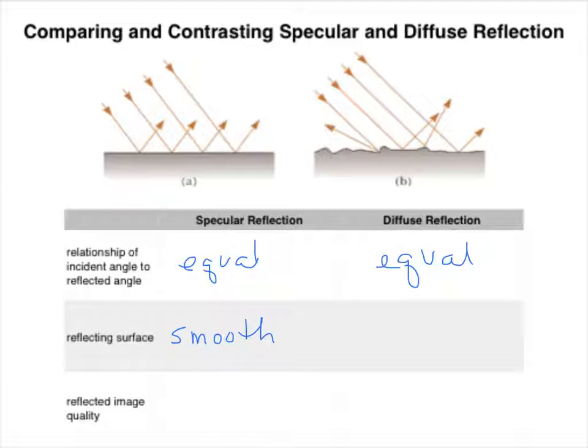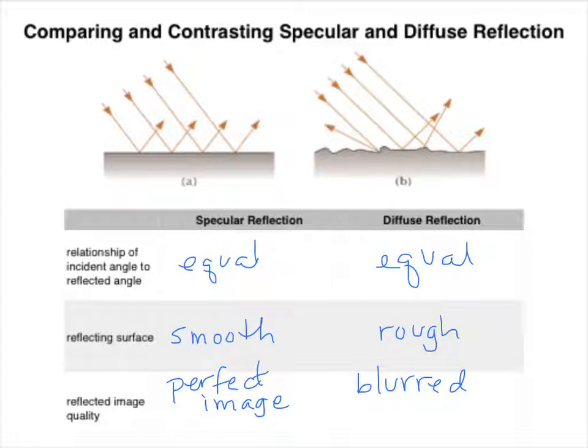During diffuse reflection, the reflecting surface is rough. The quality of the reflected image in specular reflection is a perfect image. Whereas in diffuse reflection, the quality of the image is now blurred.